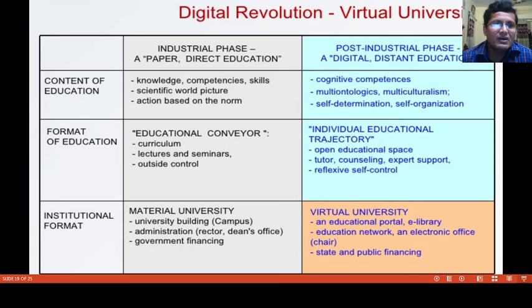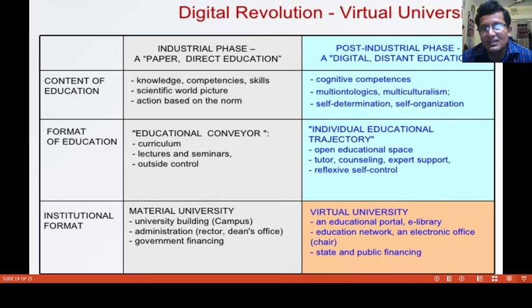Format of education: educational conveyor, curriculum, lectures, seminars, outside control, etc. A first industrial phase, individual educational trajectory, open educational space, tutor, counseling, expert support, reflexive self-control. Industrial format: material industry, university building, administration, government financing.